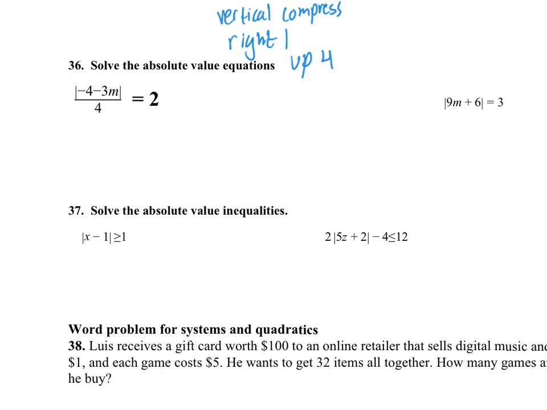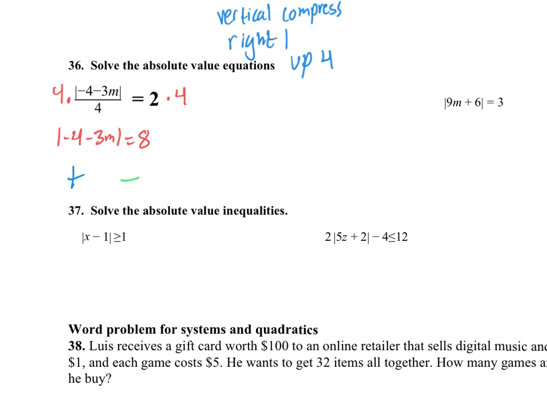So here we have to multiply both sides by 4. That's just simple algebra, because we have to isolate this absolute value, get it by itself, so that we can split this off into two equations. I'm going to have a positive and a negative equation.